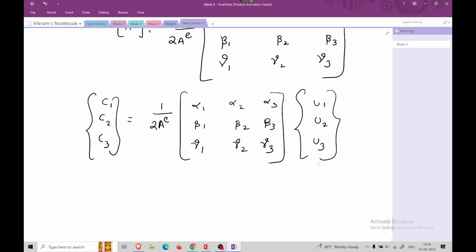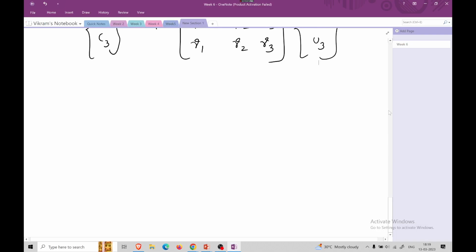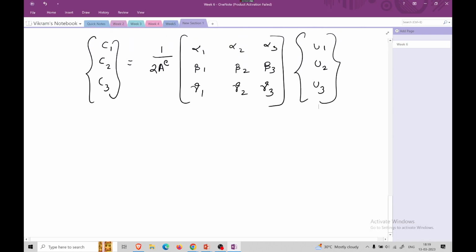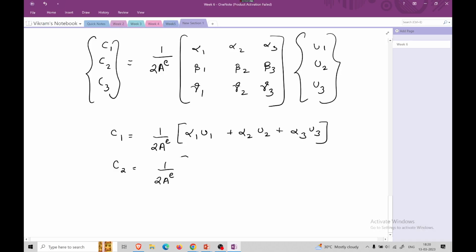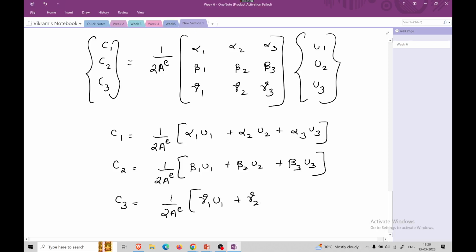If I multiply the first row with the column, I get C1 equal to 1 by 2 AE into alpha 1 U1 plus alpha 2 U2 plus alpha 3 U3. Similarly, C2 is 1 by 2 AE into beta 1 U1 plus beta 2 U2 plus beta 3 U3. C3 is 1 by 2 AE into gamma 1 U1 plus gamma 2 U2 plus gamma 3 U3.